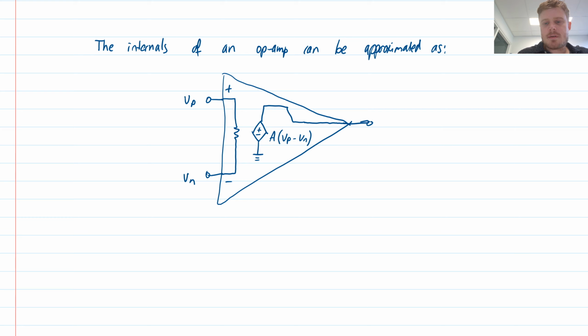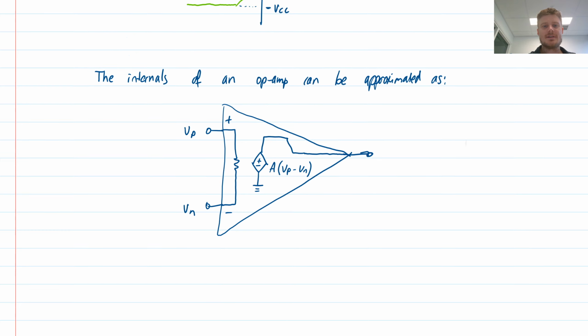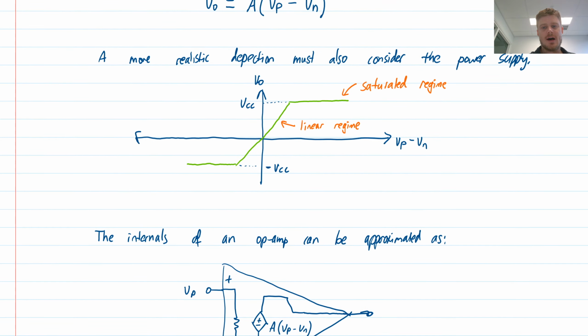And so this kind of structure is what's happening inside of the op-amp. So you think of it as a voltage-controlled voltage source, where it depends upon the difference of the voltages at the input. So that's the high-level overview of what op-amps are actually doing.